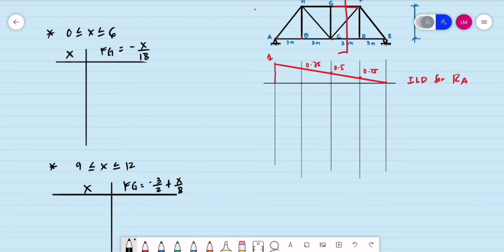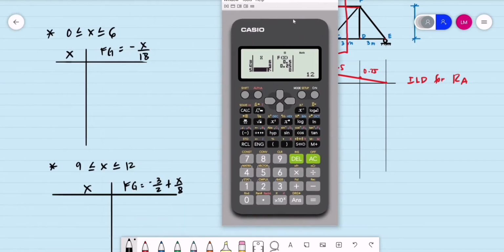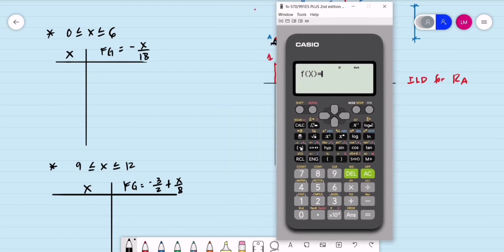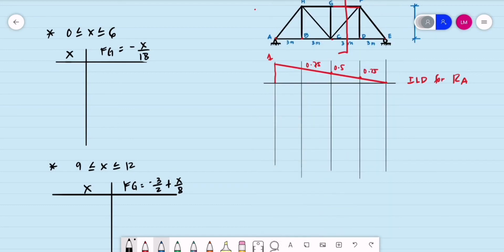So we have again our interval and our equation. Let's have the mode table again for this calculator, let's say mode number 7. For our first interval, from 0 to 6, our equation is negative x over 8. I'll be using the values for x: from 0, that is at A, then B, that is at 3, then at C, that is 6.